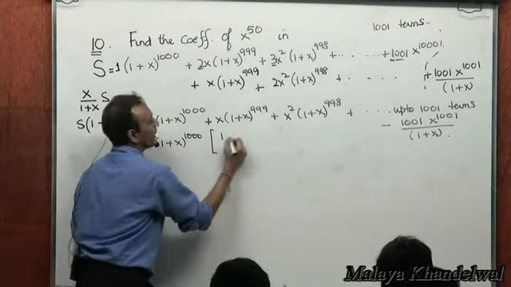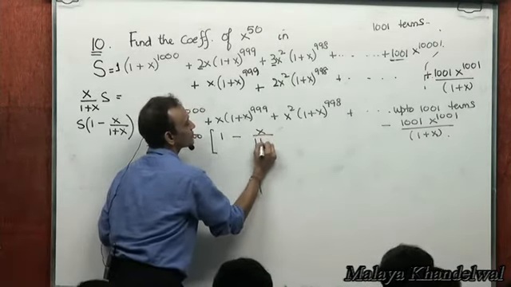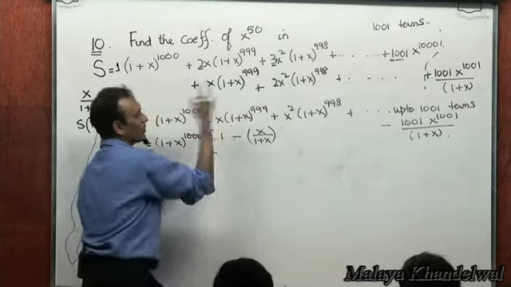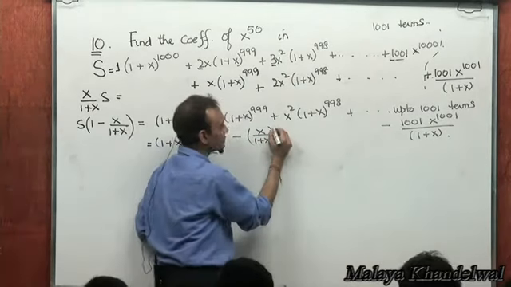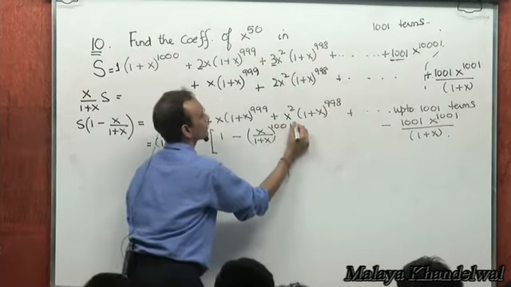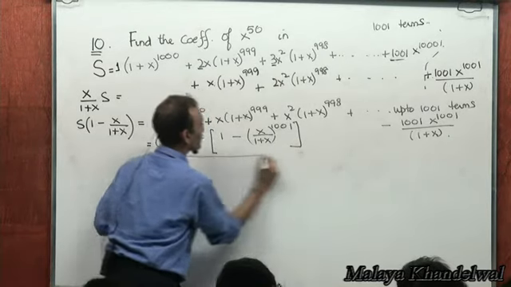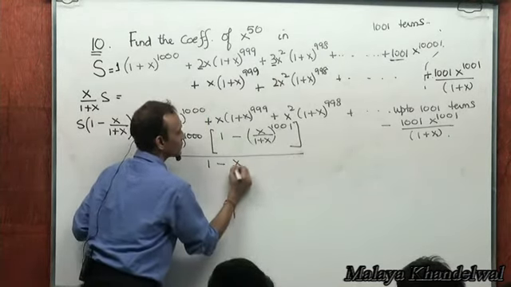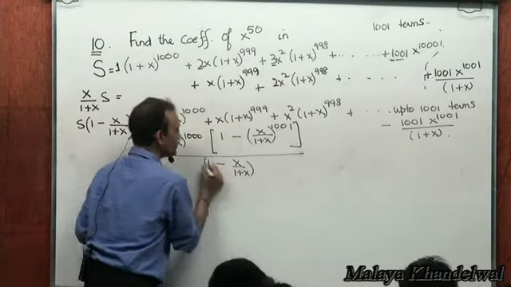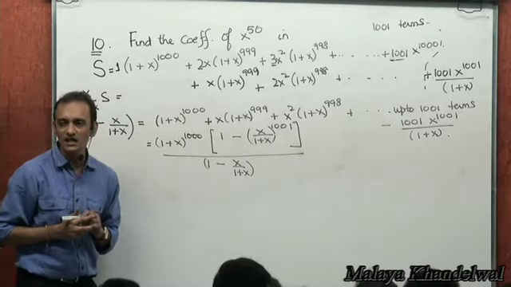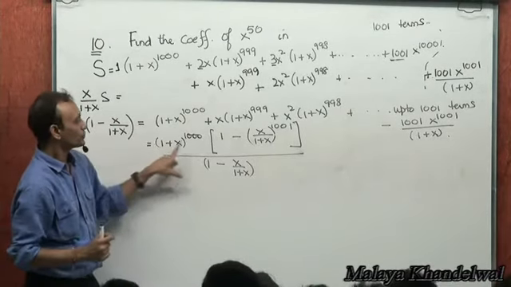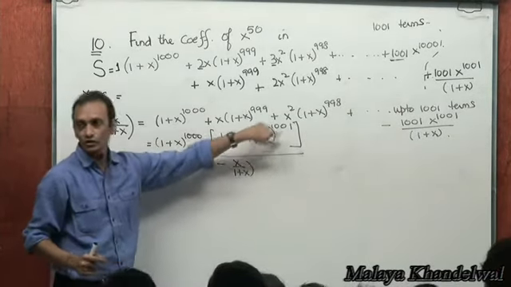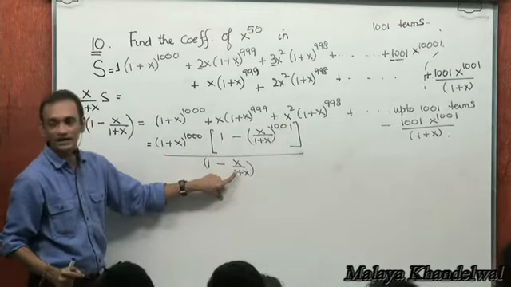So this is A into 1 minus R to power n, n is 1001, divided by 1 minus R, right? That's as far as the GP part is concerned.